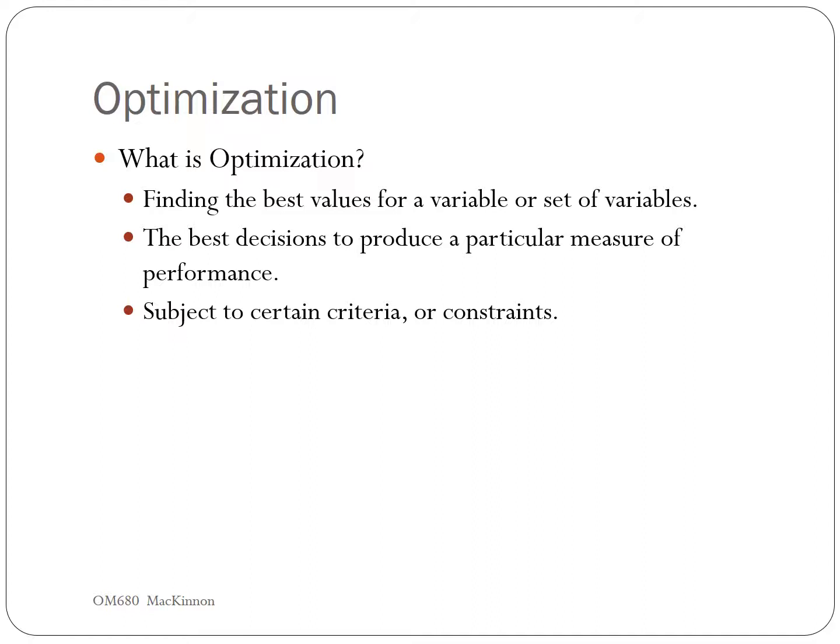Likewise, with profit, we could maximize our profit by selling a bazillion items, right? But normally we can't, that's not realistic. Our constraints are often supply constraints. You are constrained by the amount that a factory can produce, for example. So normally, not in every case, but normally an optimization problem in a spreadsheet or any type of optimization problem will be subject to certain constraints.